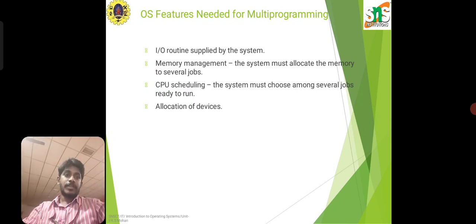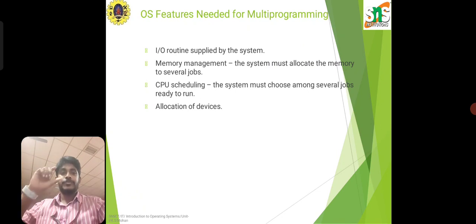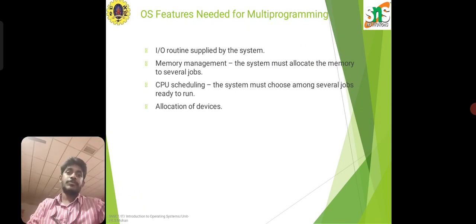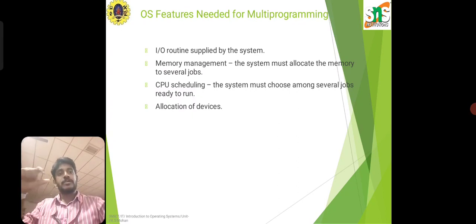The system must allocate memory to several jobs, and also CPU scheduling is a very important term used in the OS. CPU scheduling is nothing but the system choosing among several jobs that are ready to run. There are different jobs available, and which one to do first, which job to take for processing, is chosen by CPU scheduling.